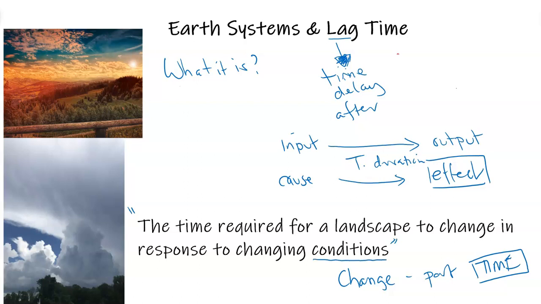Okay, so lag time is very important to appreciate because it is an essential part of the Earth system. Let's say it's the hydrosphere or the atmosphere or the biosphere, there'll be some time whereby the change is taking place. There is some sort of reaction in the landscape or on the landscape to the change, to the disturbance, and then the outcome will happen after a certain time.